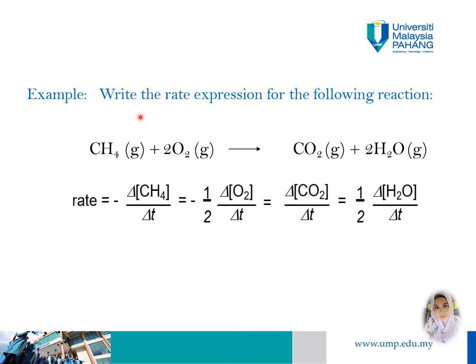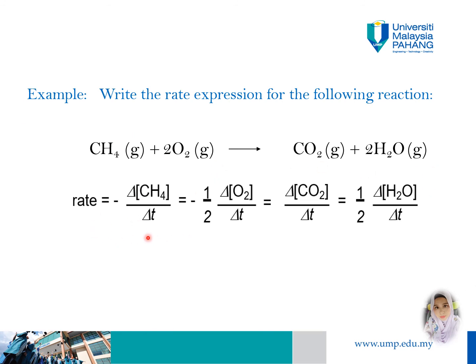Okay, it means that before you write a rate of reaction, you need to have a balanced chemical equation. For example, here the reaction between methane and oxygen produces carbon dioxide and water. You need to ensure that the chemical reaction is balanced, which is the number of atoms of the reactants should be equal to the number of the products.